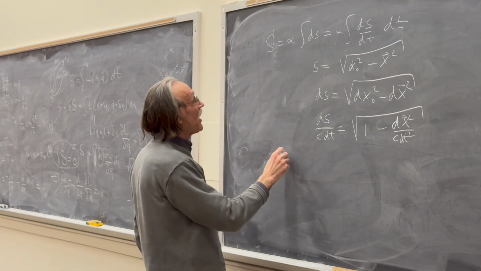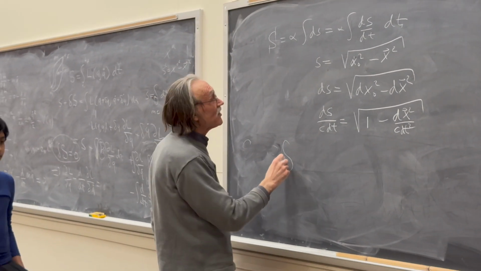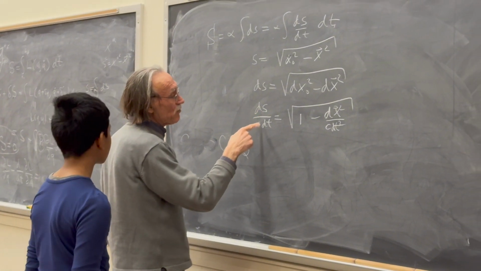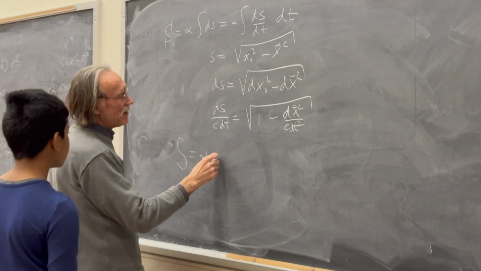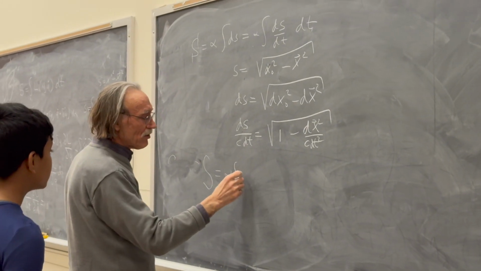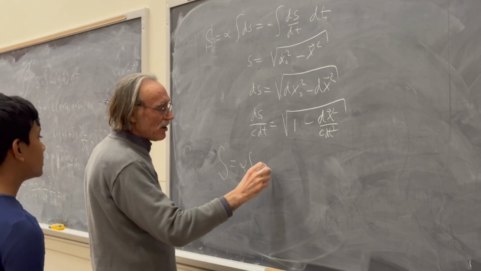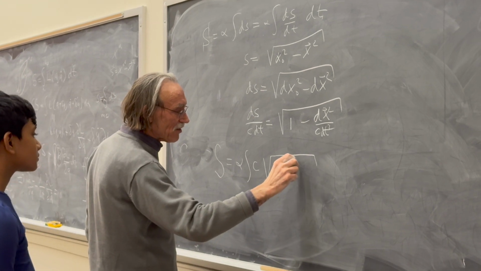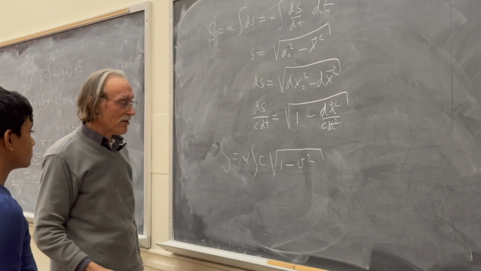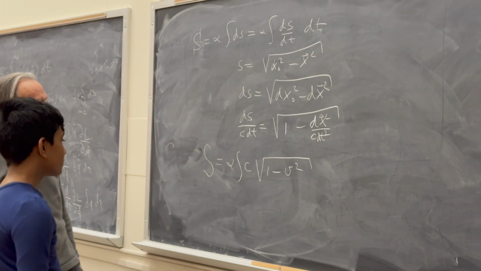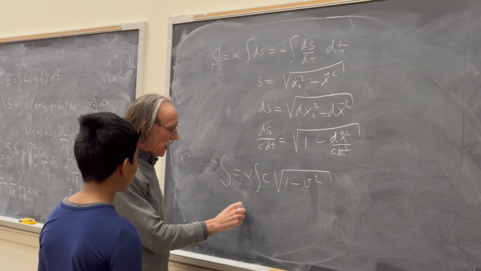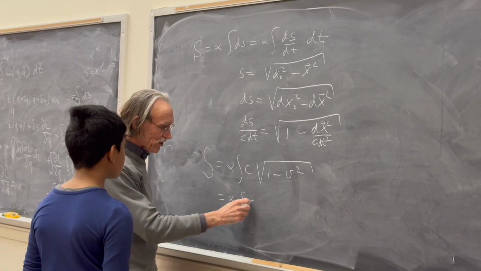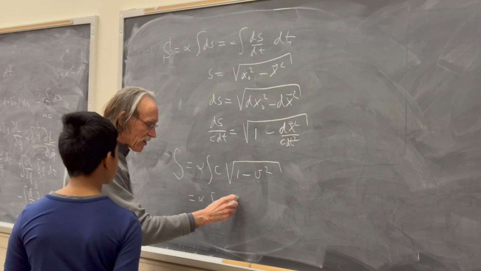So what we have is that the action is alpha times ds dt, that is the integral times c times the square root of 1 minus v squared. And now we can expand this, so this alpha times integral c, we expand this in a Taylor series.